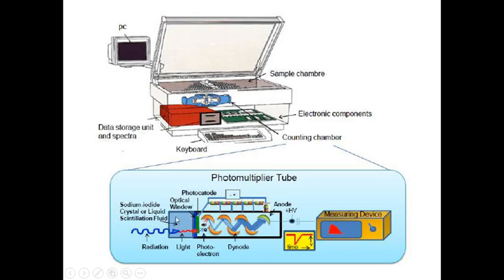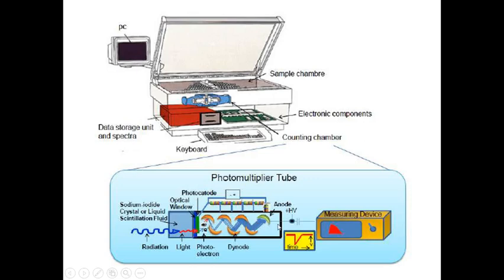whatever photons are generated here, or whatever fluorescence is generated here, those photons are captured by this photocathode, and the photoelectrons are diverted toward the photomultipliers. Okay, so these are the diodes, and those diodes have high voltage, and whenever this photoelectron travels in between the diodes, ultimately the energy increases.